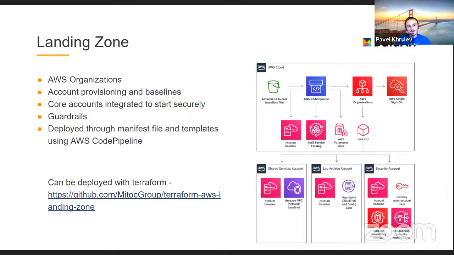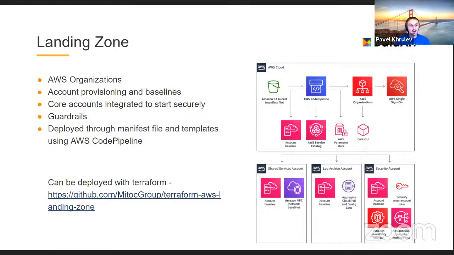A landing zone is simply a set of templates that you can deploy in AWS. It allows you to create an AWS organization. It creates an account vending machine that allows you to create new accounts with some baseline resources in this account.